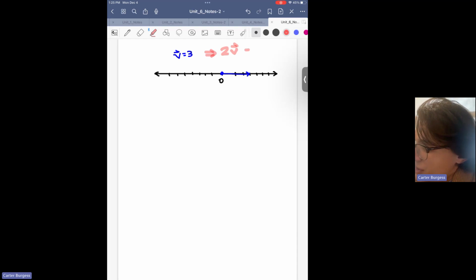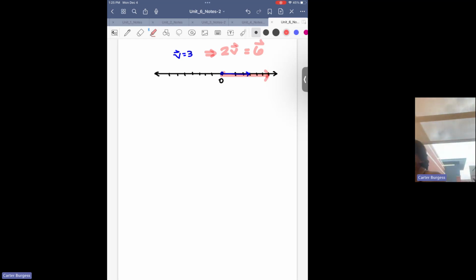It doubles the length of the vector. It doubles the magnitude. It also doubles the component that tells us this. In the case of a one-dimensional vector, you don't really see this, but certainly we will see that this has a very specific kind of effect momentarily. But for our purposes, it doubles the length of our vector.